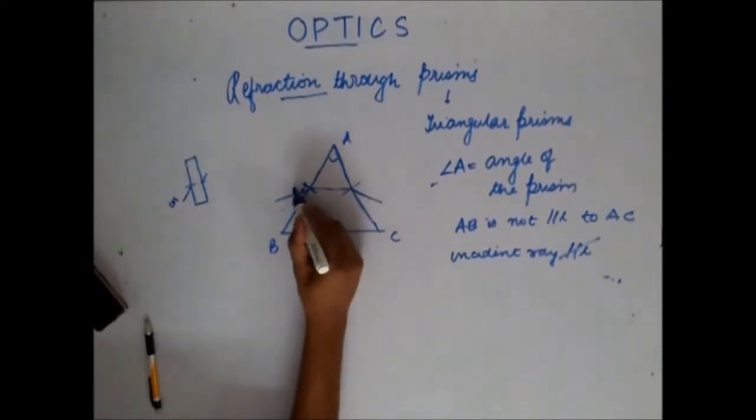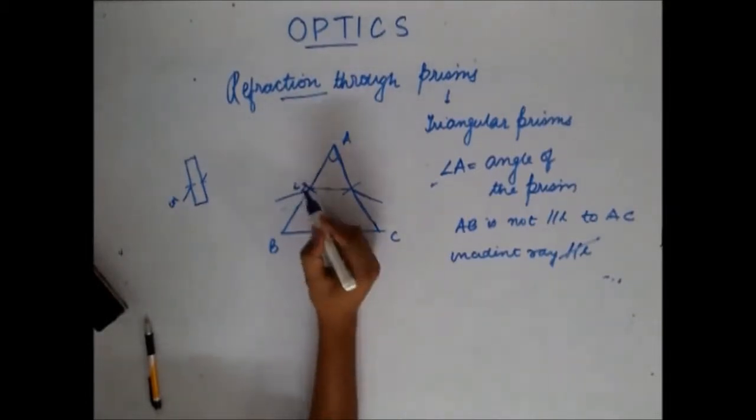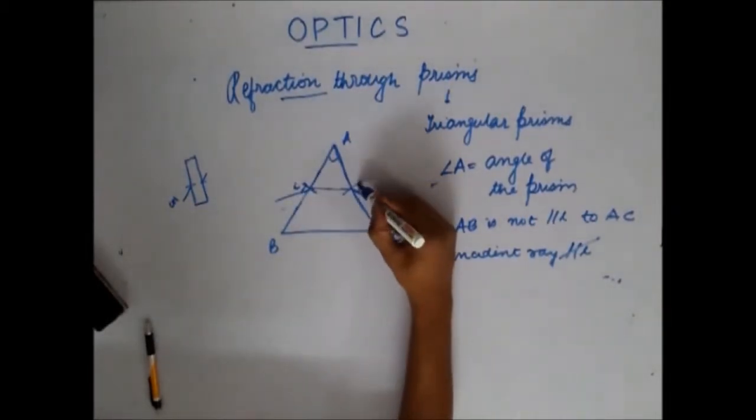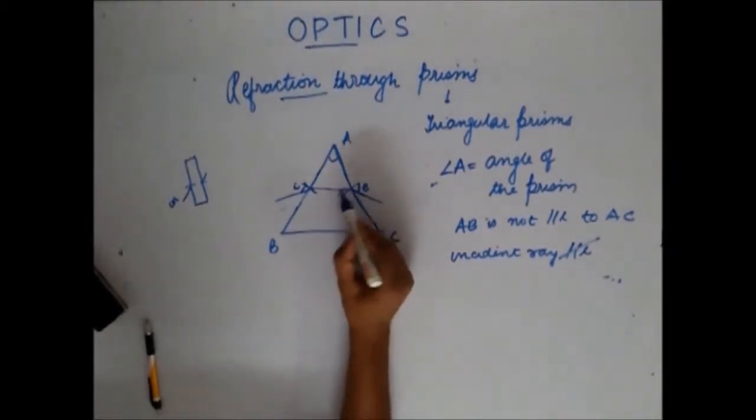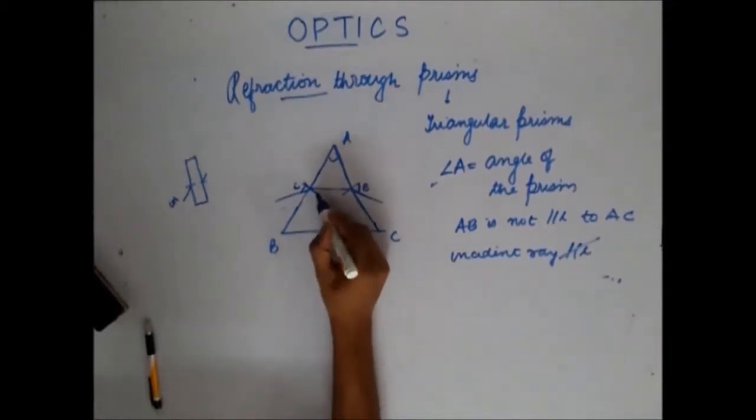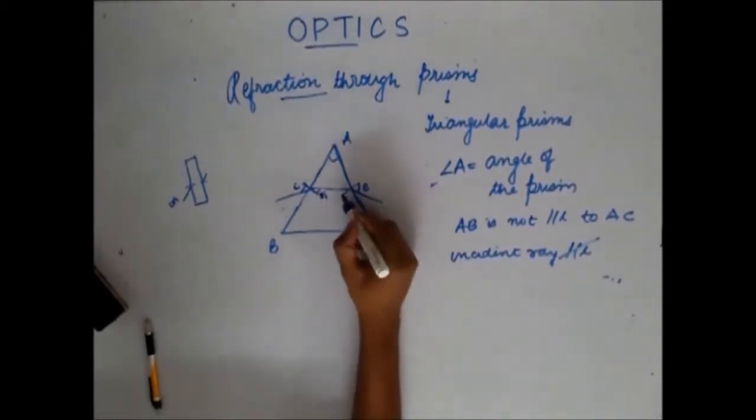So this is my incident ray with an angle of incidence I, and this is my emergent ray with angle of emergence E. There are two refractions occurring here. Let me assume that the first angle of refraction is R1 and the second angle of refraction is R2.